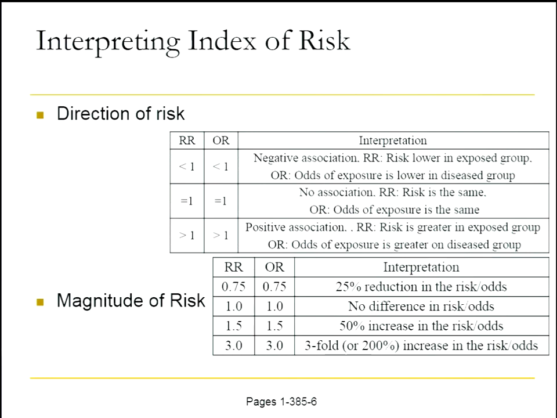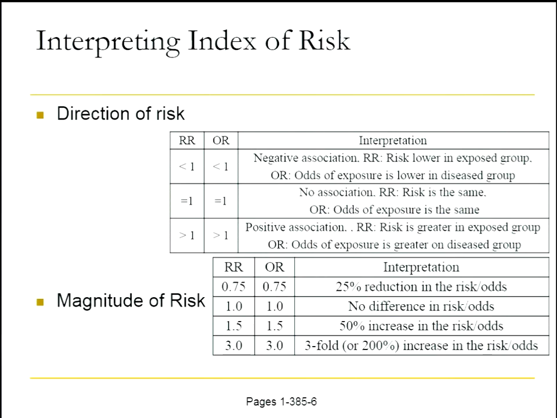And then we assess the magnitude of that risk by actually looking at the relative risk or the odds ratio. So in the case of this relative risk that's 0.75, we would conclude that there's a 25% reduction in the risk associated with whatever we're investigating.